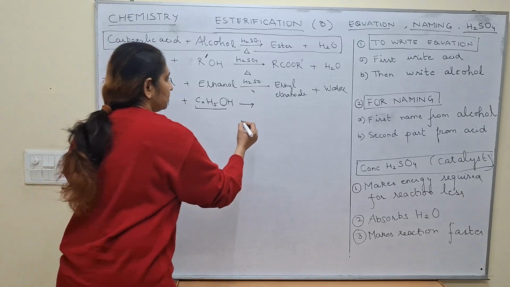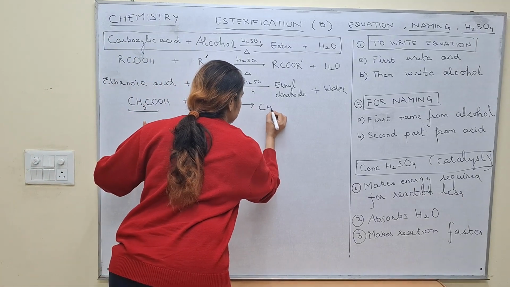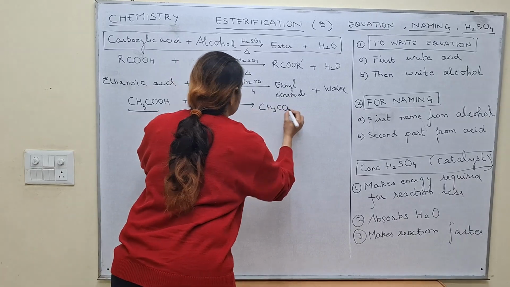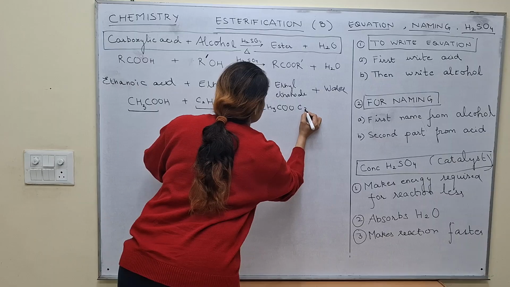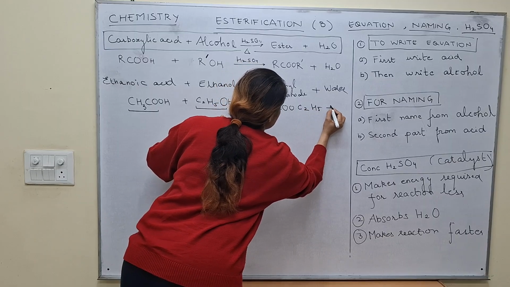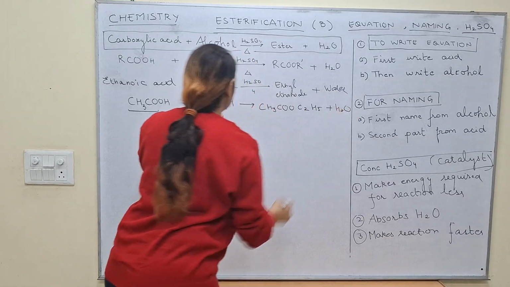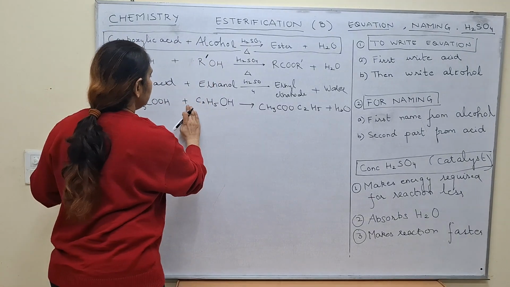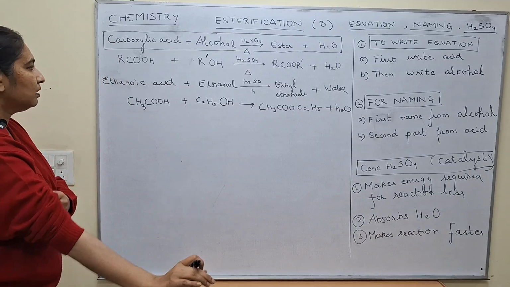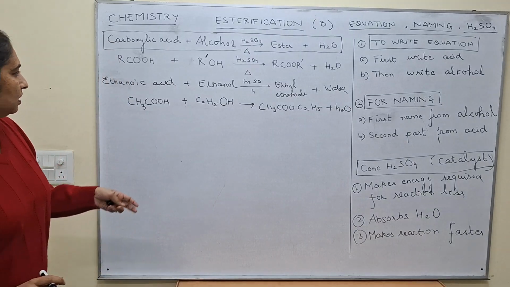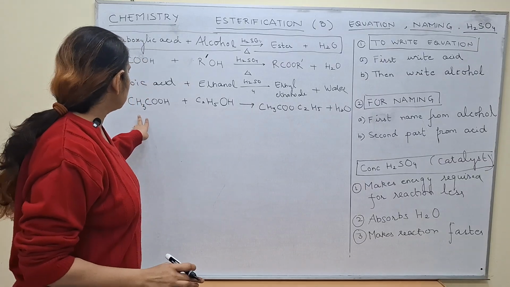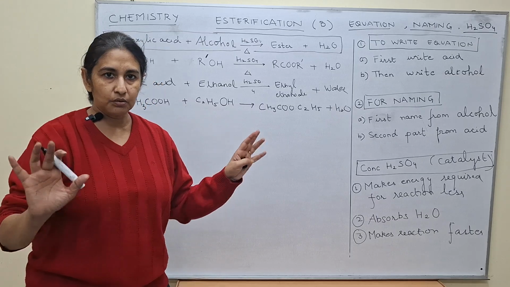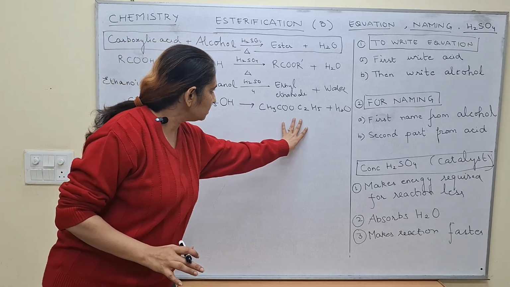As in, first we'll write CH3CO, I'll explain what it is, COO and then C2H5 and water. Now, actually, let me not write it here. How it functions is slightly different. You may think it should be written like CH3COO C2H5 or something like that, but it's written in a funny manner.